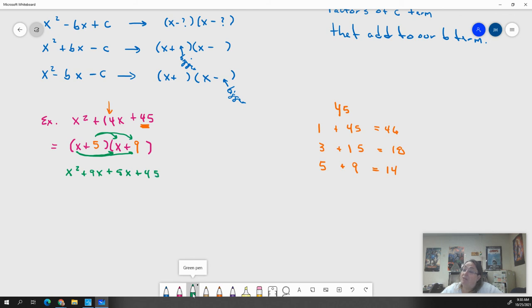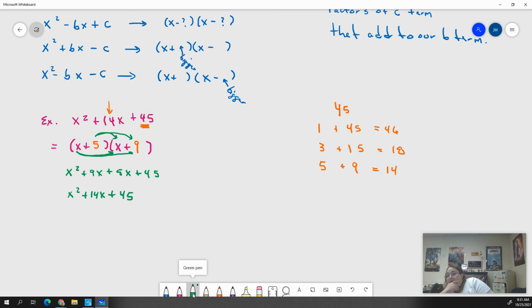Notice that the last thing we always do are these two numbers on the end, which is why if this is positive, both of these have to be positive or both of them have to be negative. Otherwise, we can't get a positive out in the end, right? And then we would just combine our like terms. X squared, 9 plus 5 is 14. And we wind up with the original equation. So when we factor, if we multiplied them back together, we better get the same equation because all we did when we factored was divide, right?